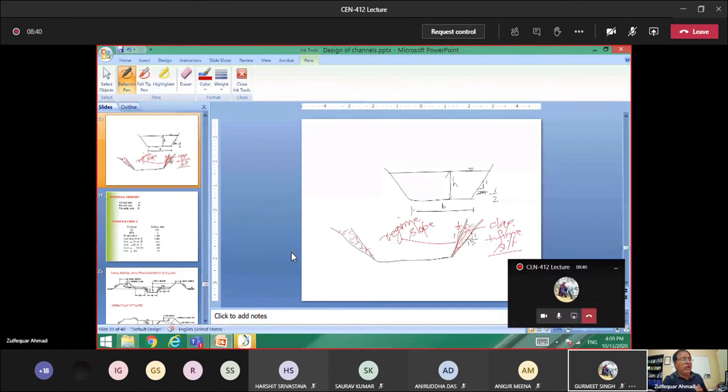So one thing you have to remember: the canal is constructed for a milder side slope, but over time it will attain a steeper slope due to the deposition of sediment. These are the things you have to keep in mind. Now the question arises, we have designed this section, so what about the methodology that we have discussed here?